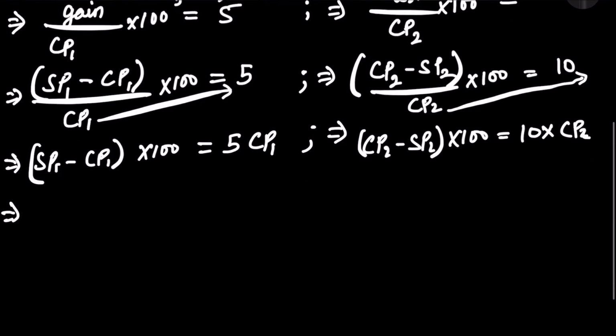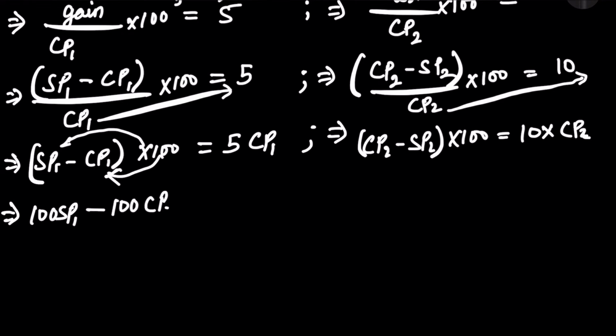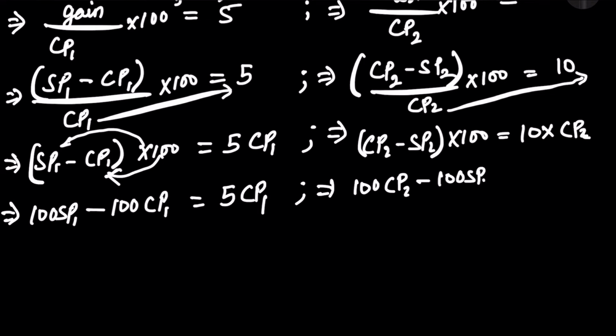Okay, this implies we will now multiply it in this way, 100 into SP1 minus 100 CP1, which is equal to 5 times CP1, and here 100 CP2 minus 100 SP2 is equal to 10 CP2.